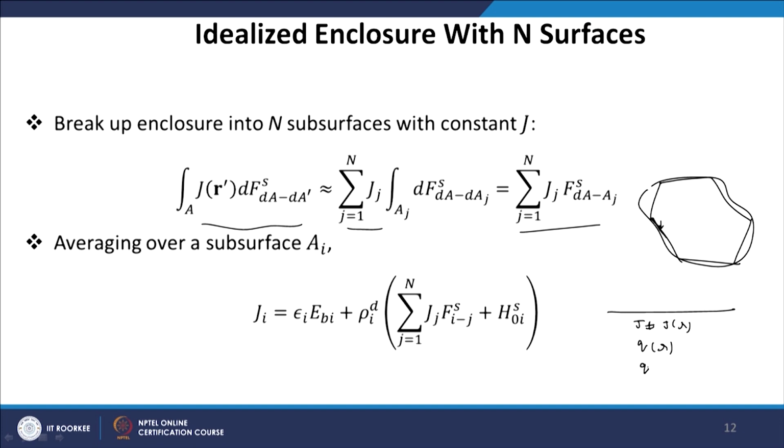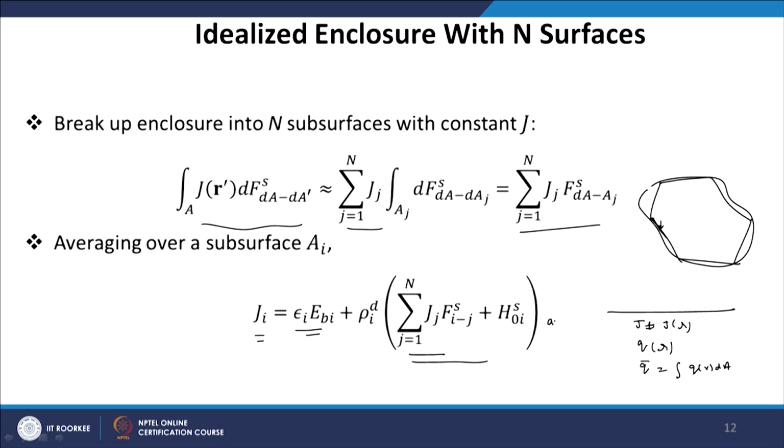So, we have to define a q average by taking an average over each flat surface, and when we do that we define radiosity for a surface i as the averaged emission from the surface plus the average irradiation on the surface multiplied by diffuse reflectance. So, these are average values.